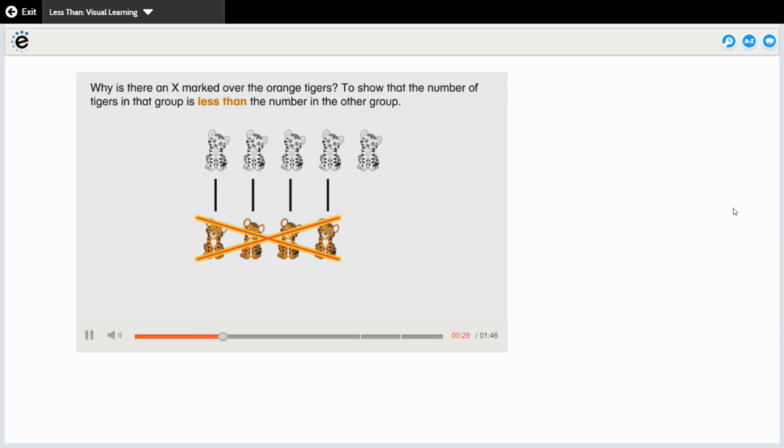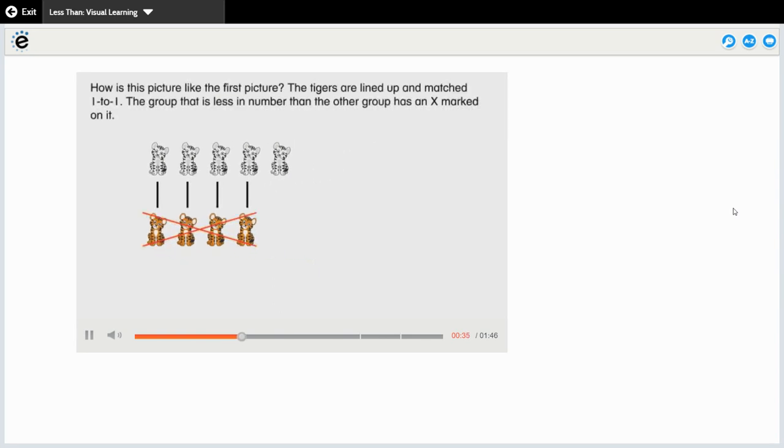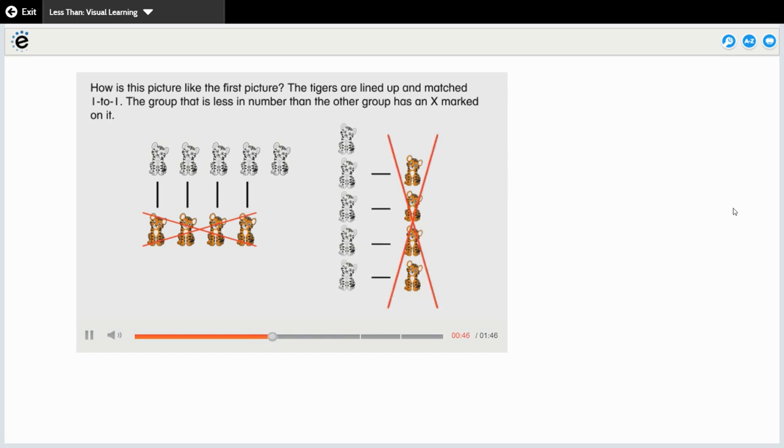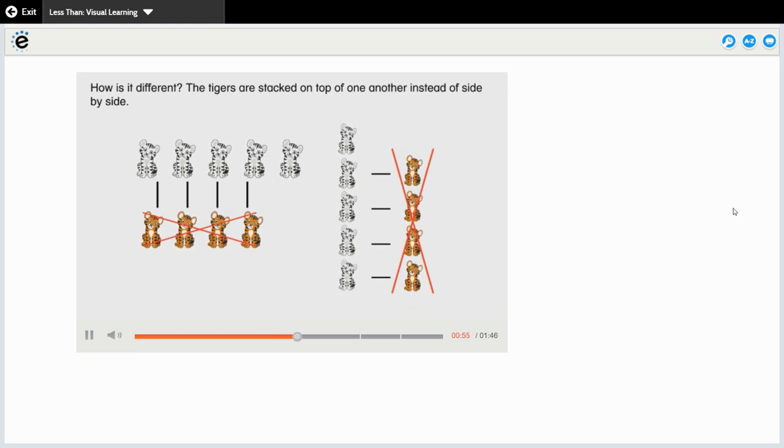To show that the number of tigers in that group is less than the number in the other group. How is this picture like the first picture? The tigers are lined up and matched 1-to-1, and the group that is less in number than the other group has an X marked on it. How is it different? The tigers are stacked on top of one another instead of side by side.